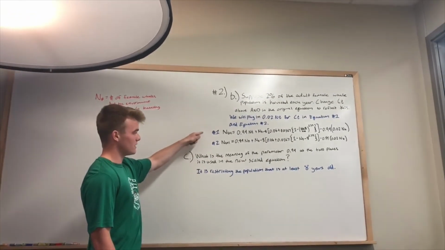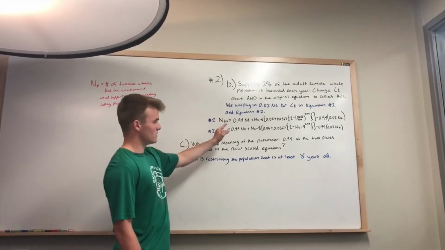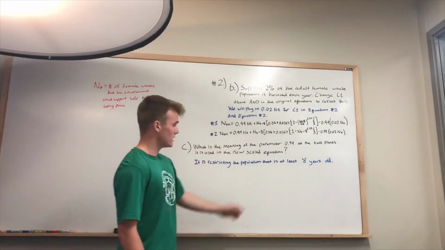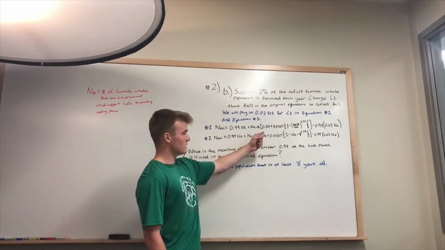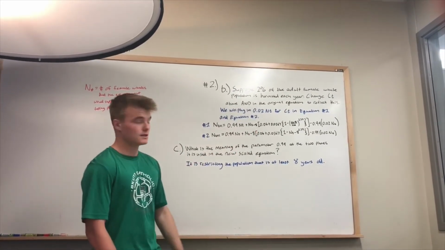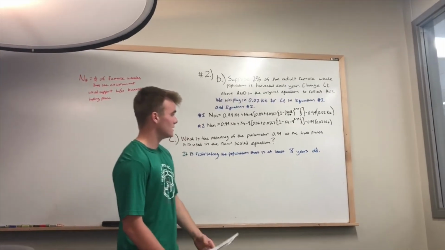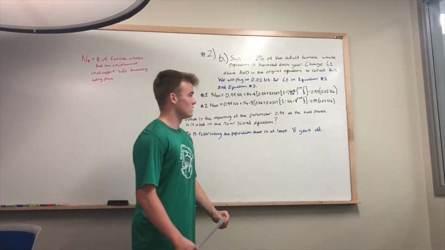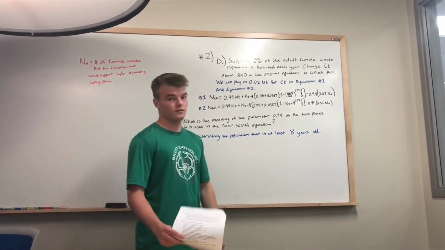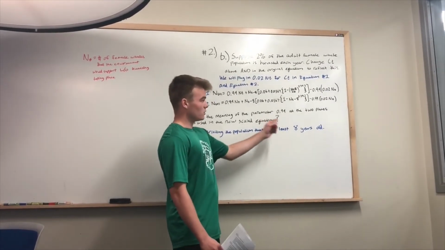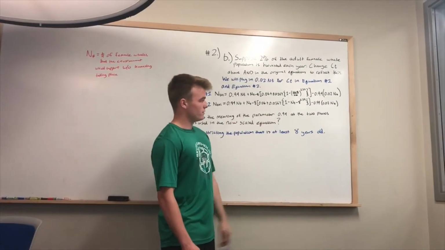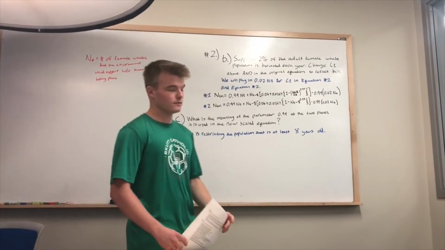Equation number 1 comes out to be n sub t plus 1 equals 0.94 n sub t plus n sub t minus 8 times 0.06 plus 0.0567 times 1 minus n sub t minus 8 divided by n asterisk to the power of 2.39. And then you multiply that times negative 0.94 times 0.02 times n sub t.